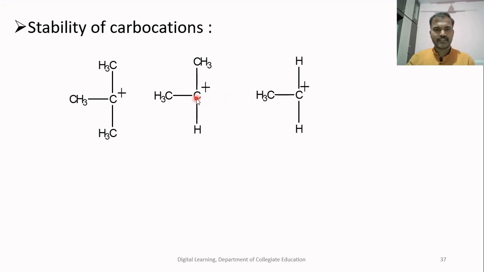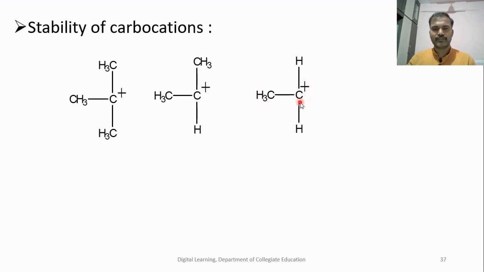In this case, the carbon with a positive charge is attached to 2 methyl groups. As a result, it can show 6 hyperconjugation interactions. Here, the carbon having a positive charge is attached to only 1 methyl group, so it can show only 3 hyperconjugation interactions.